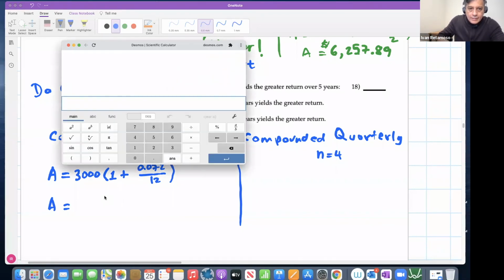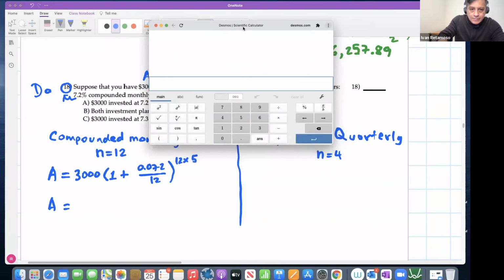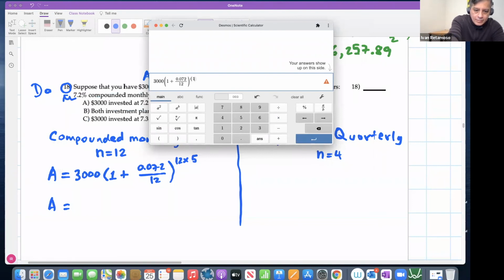So let's compute this together. I'm going to use my Desmos scientific calculator. 3,000 times 1 plus 0.072 over 12, raised to 12 times 5. Professor, 12 times 5 is just 60, right?